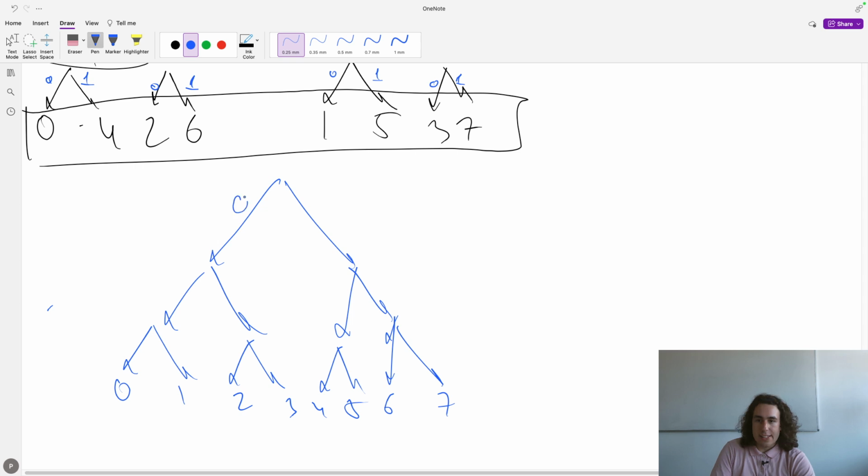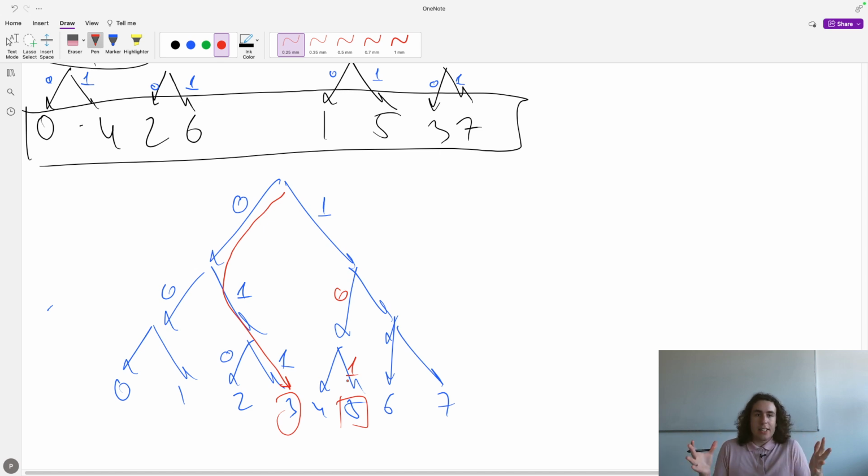You can think that there are values written on all the edges, and when you go along the edges, you get the binary representation of your number, right? 3 is equal to 0, 1, 1 in binary. Or 5 is equal to 1, 0, 1. So here, we just split them by the most significant bit.